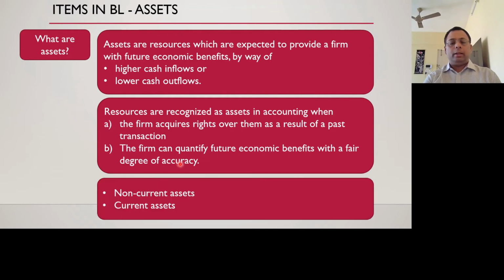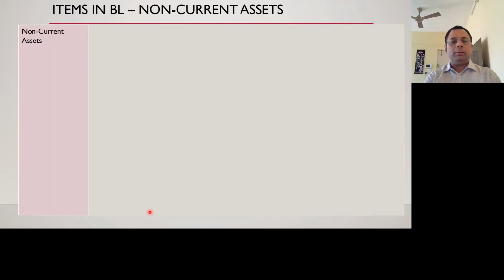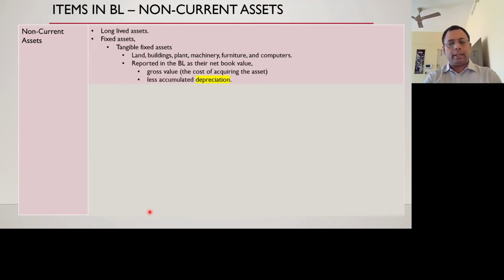Okay, and then these are again segregated into non-current assets and current assets. So what does non-current assets consist of? It is long-lived assets, fixed assets like land, plant, machinery, and they are reported in the balance sheet at their net book value. So the gross value, the cost of acquiring the assets, less the accumulated depreciation.